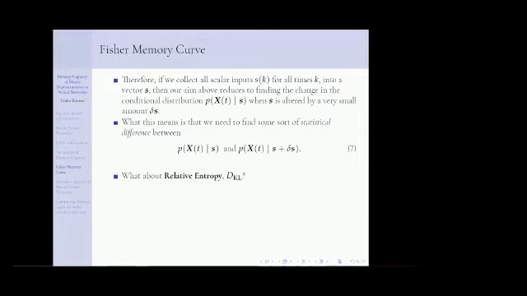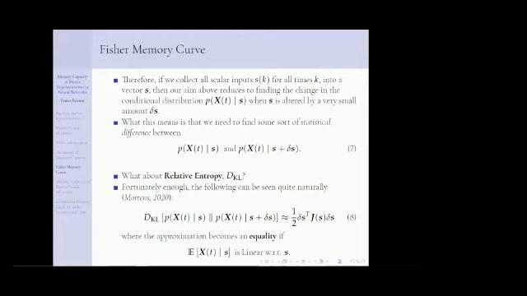Since our aim was to find how much change is happening in this conditional distribution in point 1 when certain changes happen, we can just use the relative entropy between these two distributions in equation 7. And this is what we do now. This is also called the KL divergence, though it's more famous as relative entropy.